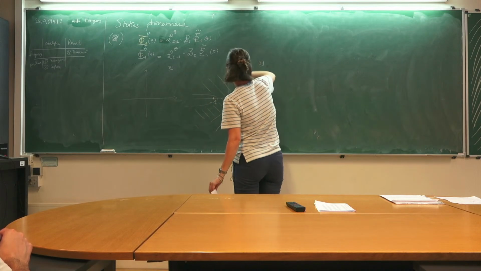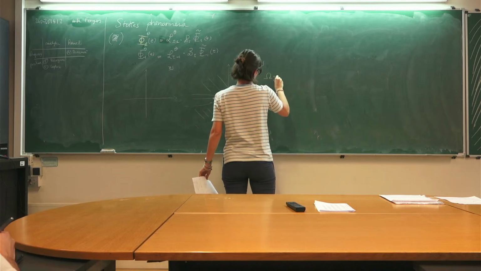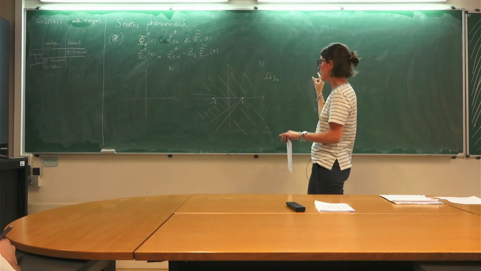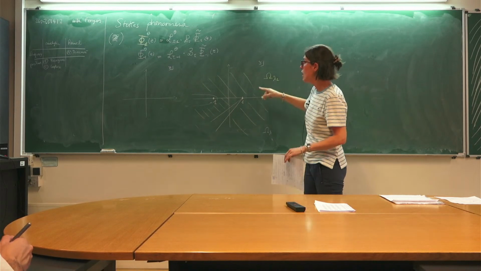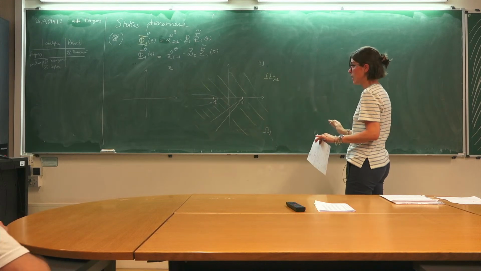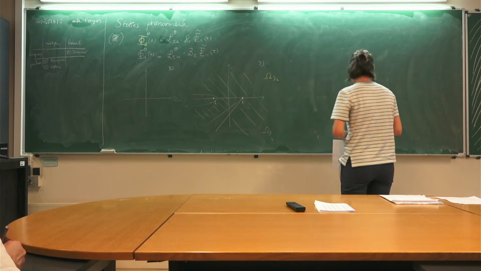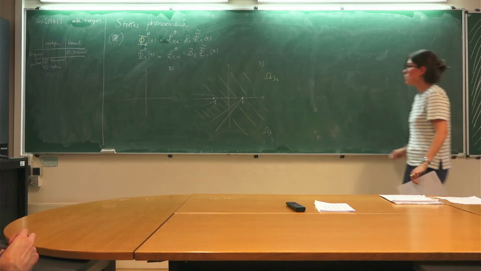This is omega lambda 1. Every ray which starts from 1 and goes to infinity in the direction theta within this region is allowed for the Laplace transform.